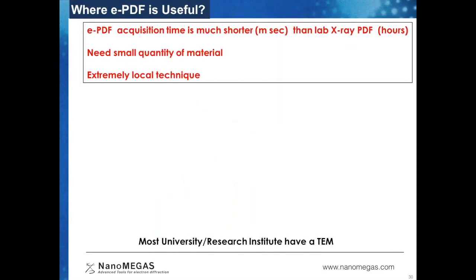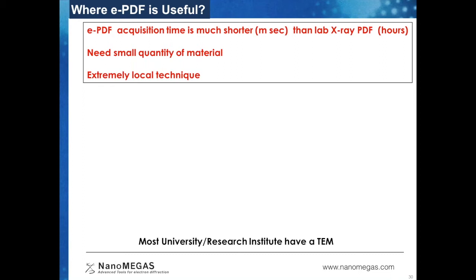The major advantage of using ePDF is that the data acquisition time is much shorter than doing it in a lab diffractometer, and also it has a very small beam size. With a very small beam size in a TEM, you can observe local structural changes.